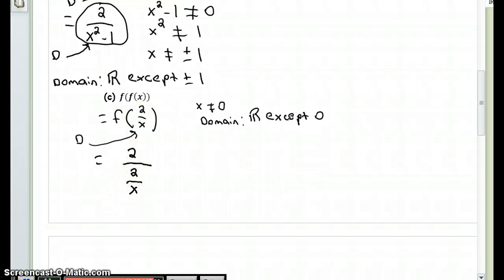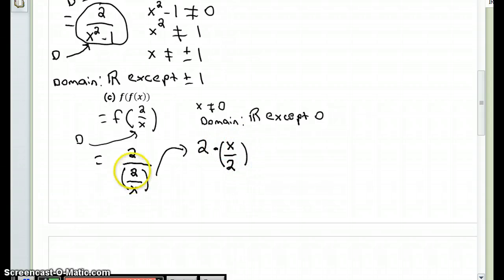Now we have to simplify this, and I'm running out of room down here, so I'm just going to write the next step right here, which is fine. I'm going to take 2 divided by 2 over x, which is like multiplying by x over 2, the reciprocal. So dividing by 2 over x is like taking 2 and multiplying it by x over 2. The 2's cancel, and the answer to this is just x. So this is f of f of x.